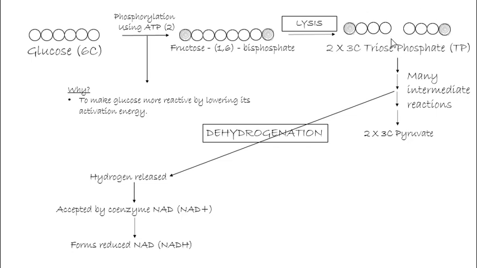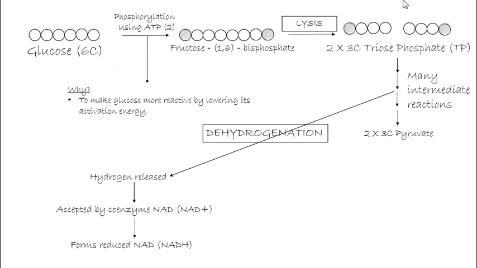Now, as I mentioned previously, lysis in biology means the splitting of or breaking down. So in this case, fructose 1,6-bisphosphate is broken down into two 3-carbon triose phosphate molecules. I want you to know that these silver colored circles represent the two phosphate groups which were initially used to phosphorylate glucose.